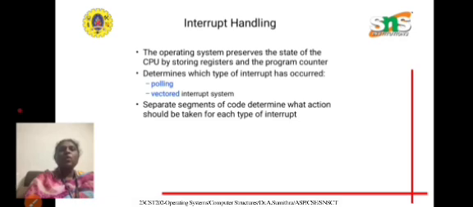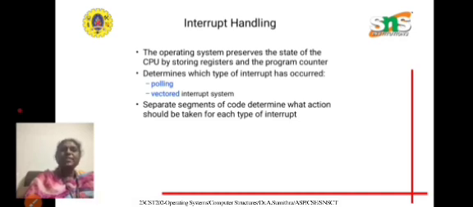And we have a local buffer. Each controller has its own temporary storage space, which we call a buffer, where it holds the data while working. In data transfer, the CPU moves the data between the computer's main memory, RAM, and the device controller buffer.